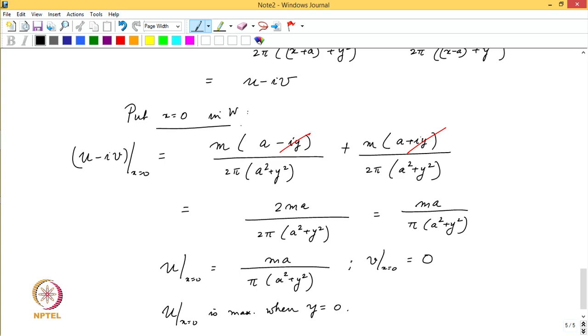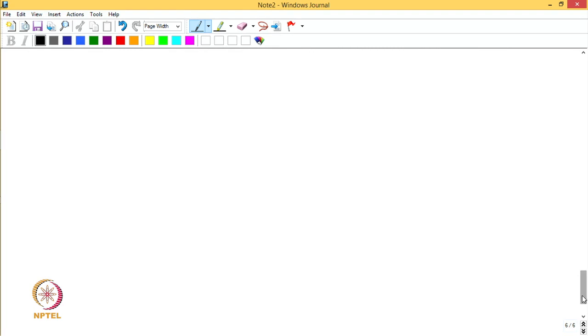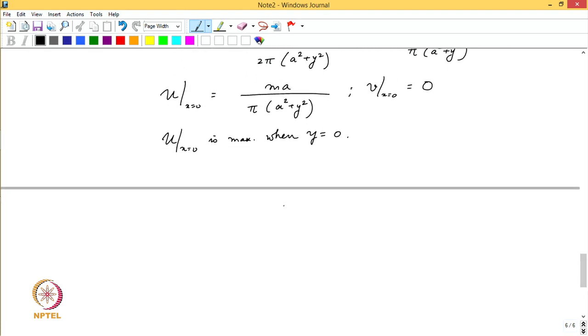Now, that is also quite intuitive, because if you think about this problem, what do we expect in terms of the flow field? We said the problem is a source and a sink located on either side of the origin.